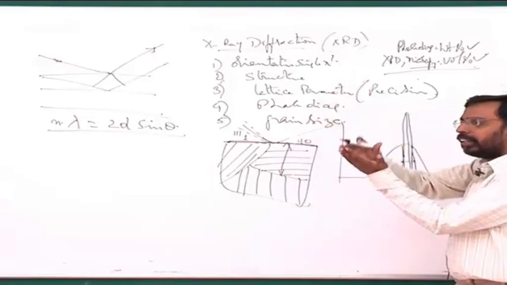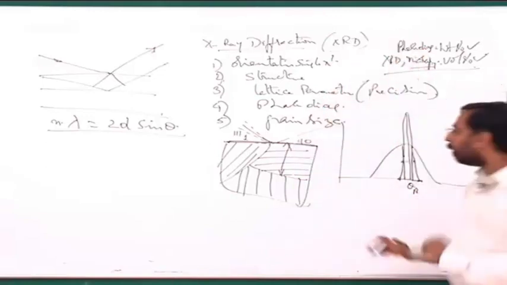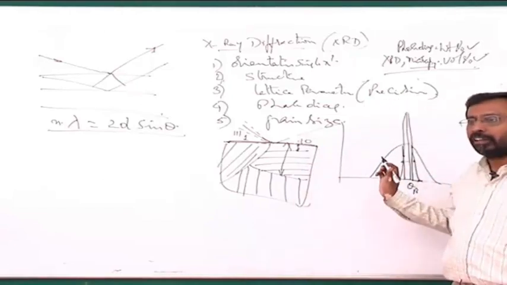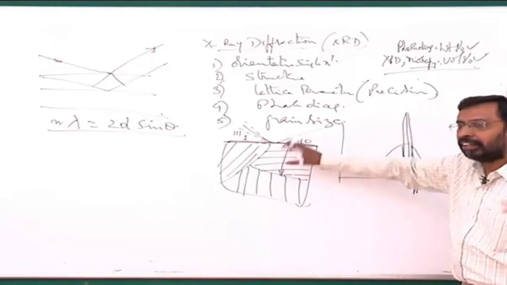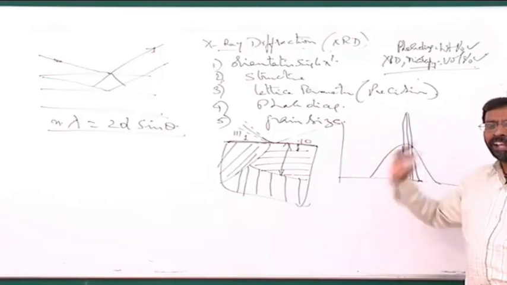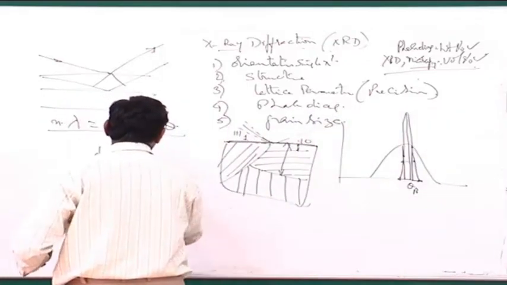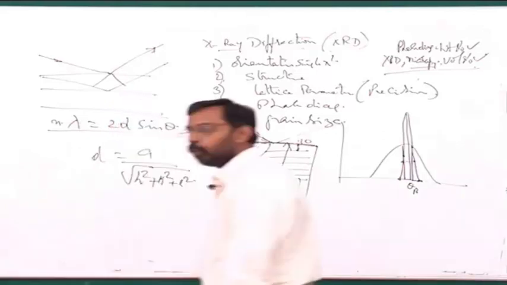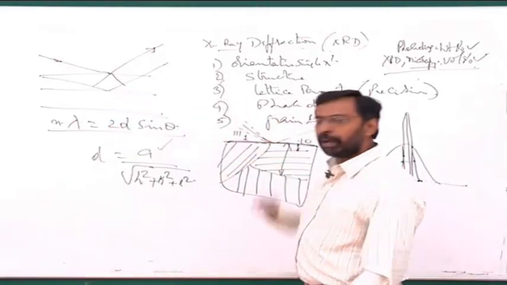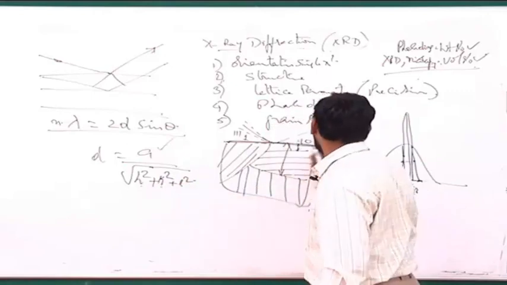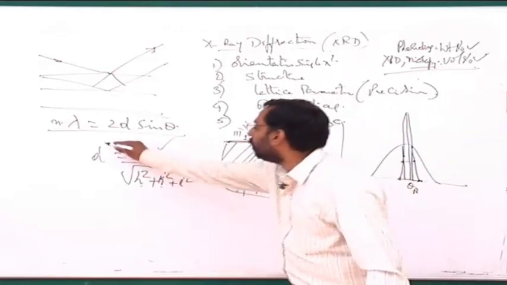Decreasing the grain size means decreasing the number of planes, because the d is fixed. For a given plane, d is fixed. For a particular hkl, d is always equal to a divided by the square root of h square plus k square plus l square. Once I know the lattice parameter for a given material, and the hkl which is parallel to the surface, then its d is fixed.